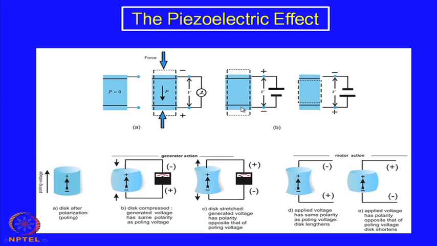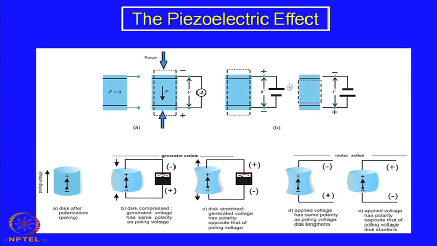The reverse is also true. This is the reverse, that means you apply an electric field and make changes in dimension. One has to understand in which direction it will change, and we will discuss that in a little while. Depending on the application of the voltage, either it will compress or it will expand, and change dimensions in different directions.